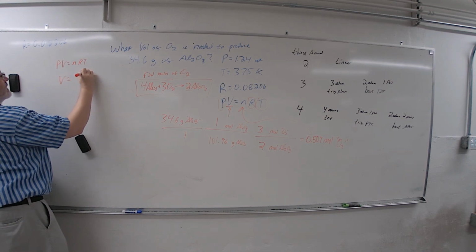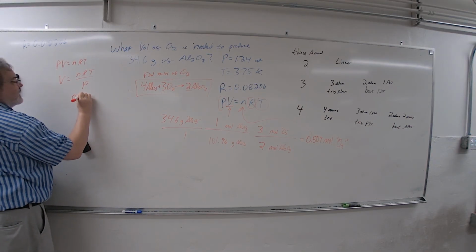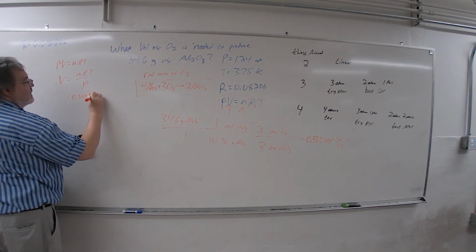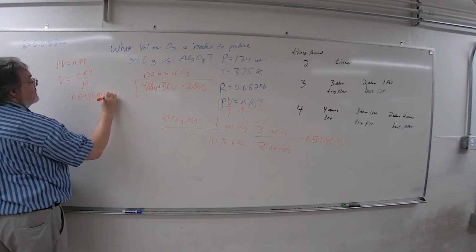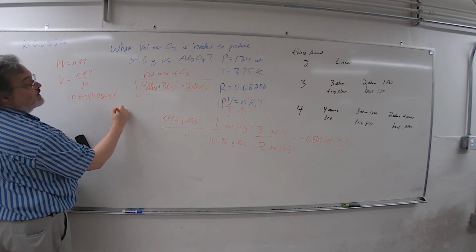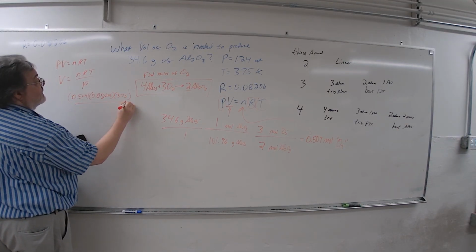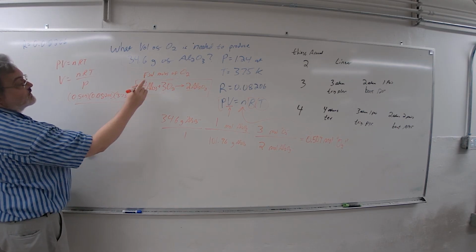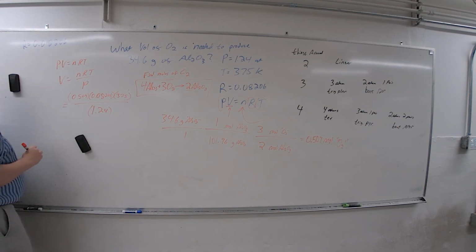Volume equals nRT over P: 0.509 times 0.08206 times 375 Kelvin, over pressure, which was 1.24. That'll give us a volume.